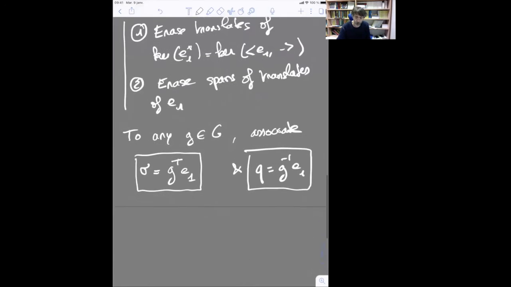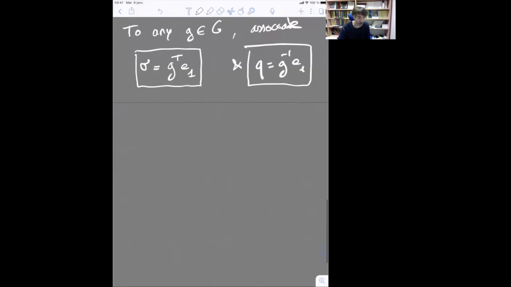And now recall the action of G on EG cross Cn, how we build the equivalence relation here.